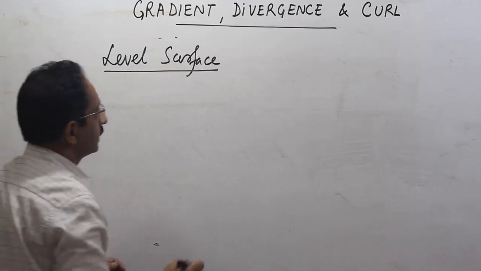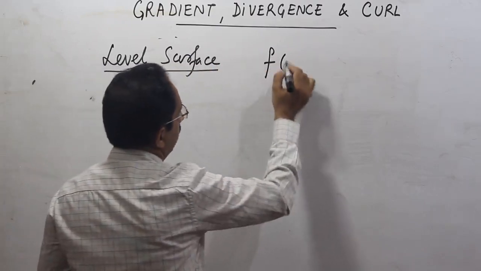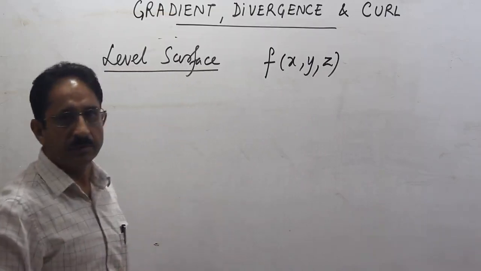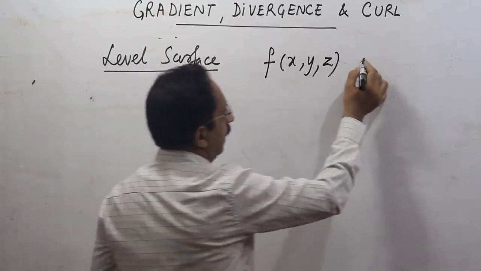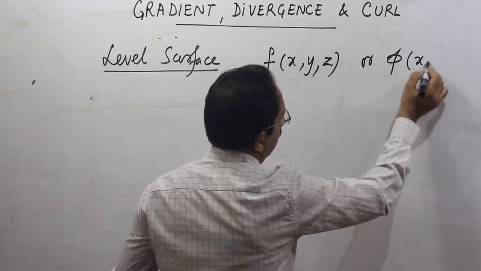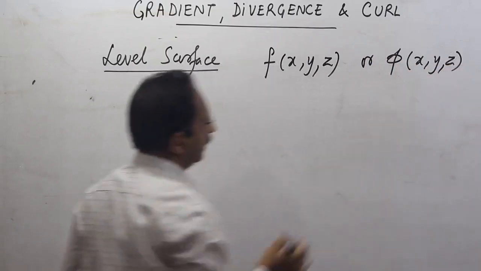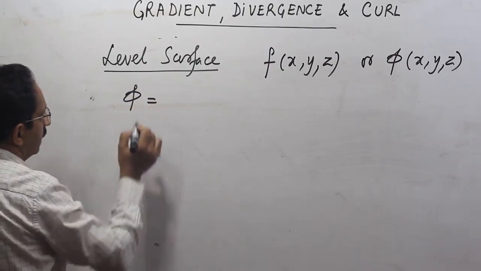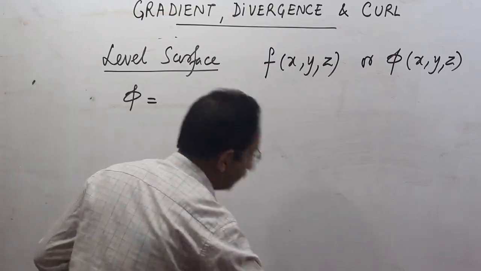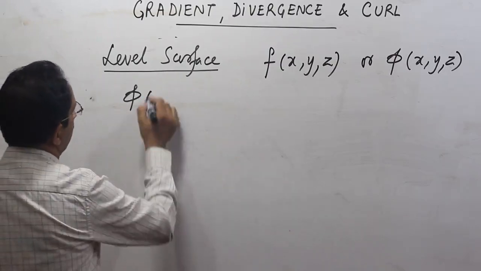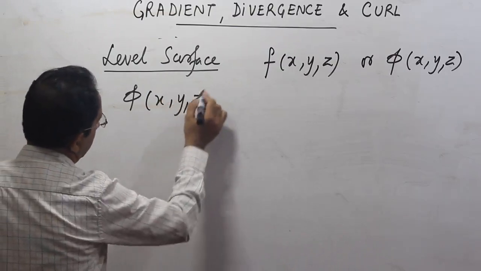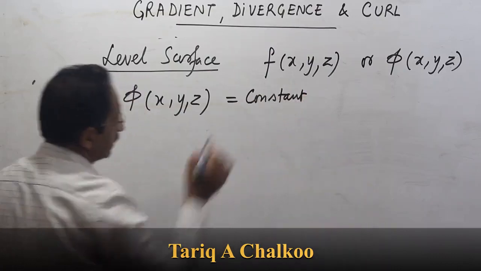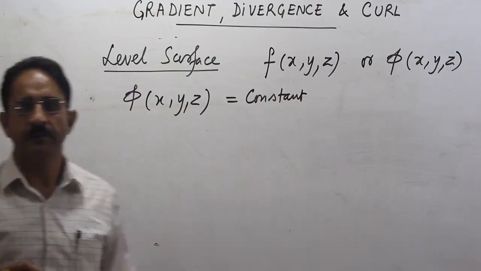If I have a scalar function f of x, y, z, or say phi of x, y, z, defined in a certain region of space, such that over a certain surface this phi, which is dependent on the values of x, y and z, remains constant over that surface, the surface is called a level surface.